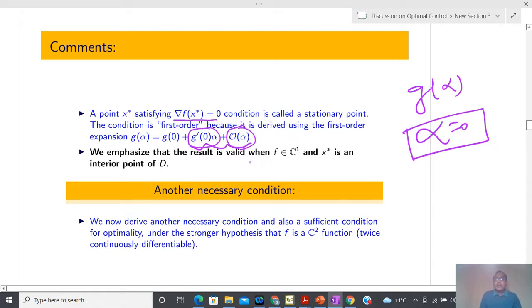Now, in order to solve this kind of problem, we always assume that the function is continuously differentiable at least one time. Could you please tell me why this assumption is required? Anyone? Priyanka, could you please comment on why this assumption is required?